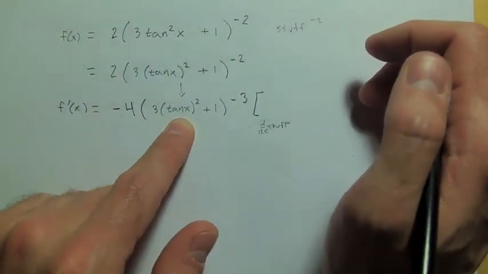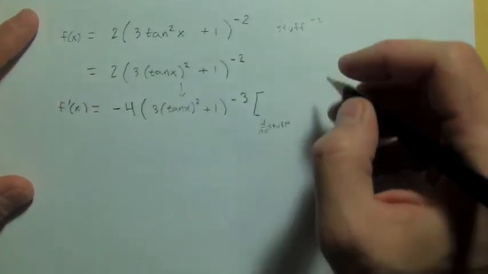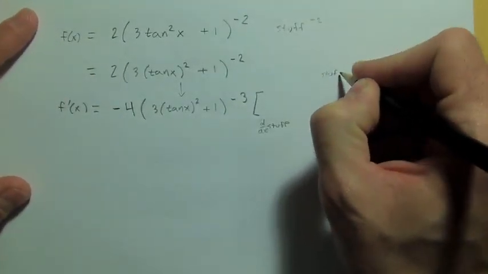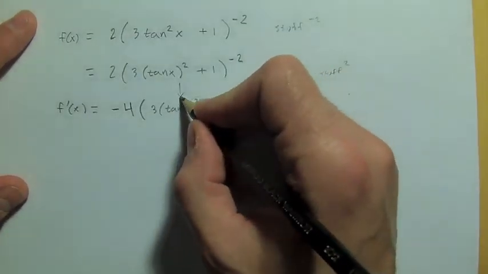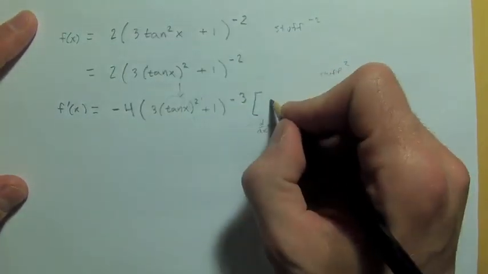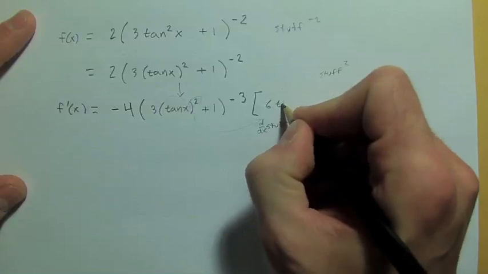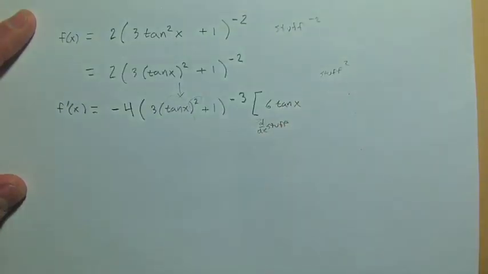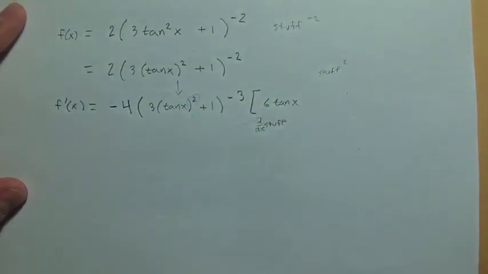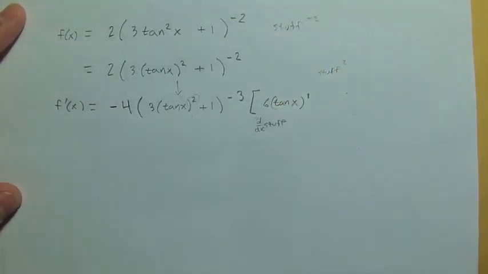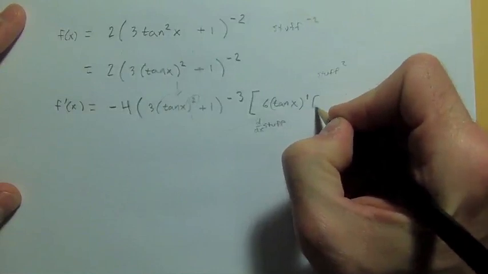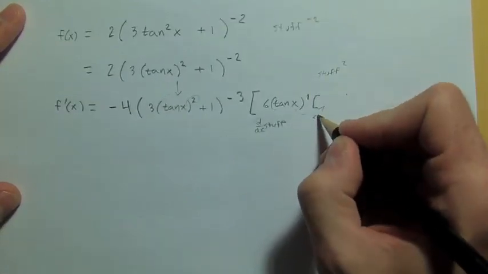But now I have tangent of x all squared. This is stuff squared, to the positive 2. All right, so I'm going to bring that 2 down and get 6 times tangent x raised to the 1. So it's just going to be 6 tangent x. And actually, let me go ahead and just raise that to the 1. Then times the derivative of the stuff, right?